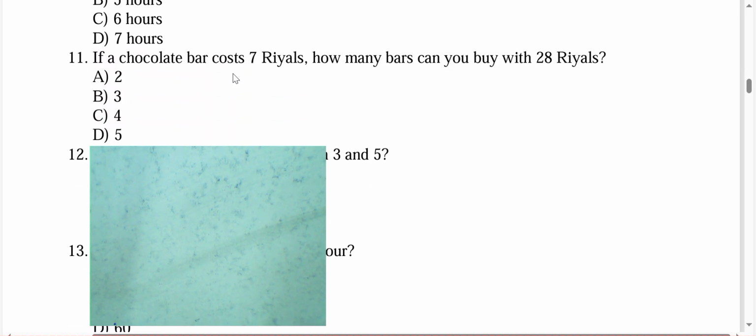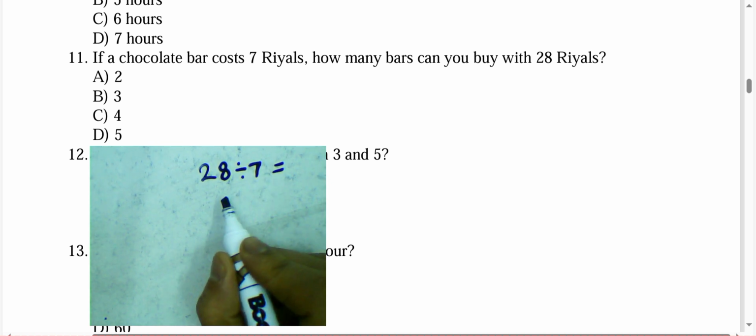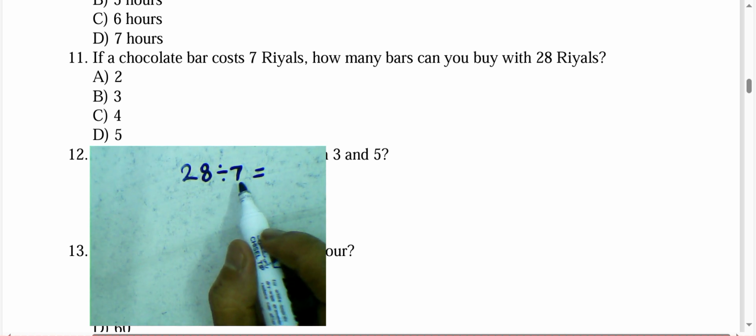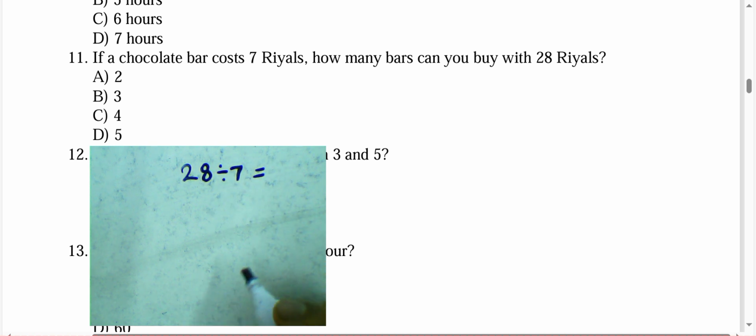Next question. If a chocolate bar costs 7 reals, how many bars can you buy with 28 reals? We can write 28 divided by 7, because the total cost is 28 reals and the price of one bar is 7 reals.